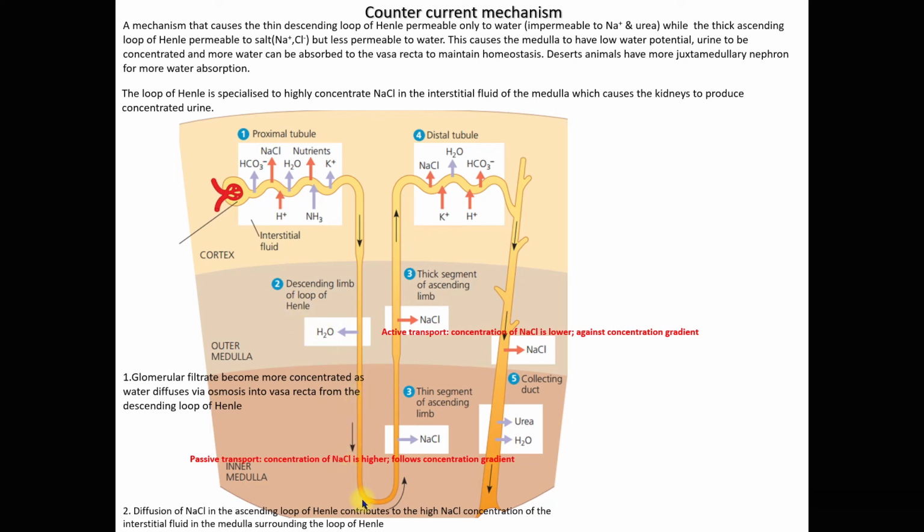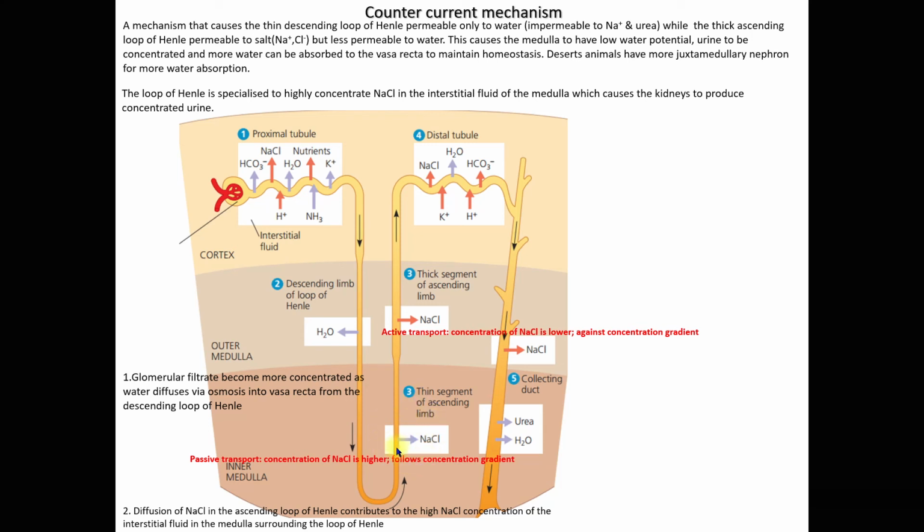In the thin ascending loop of Henle, the sodium chloride ions will diffuse out from the renal tubule into the interstitial fluid in the medulla.